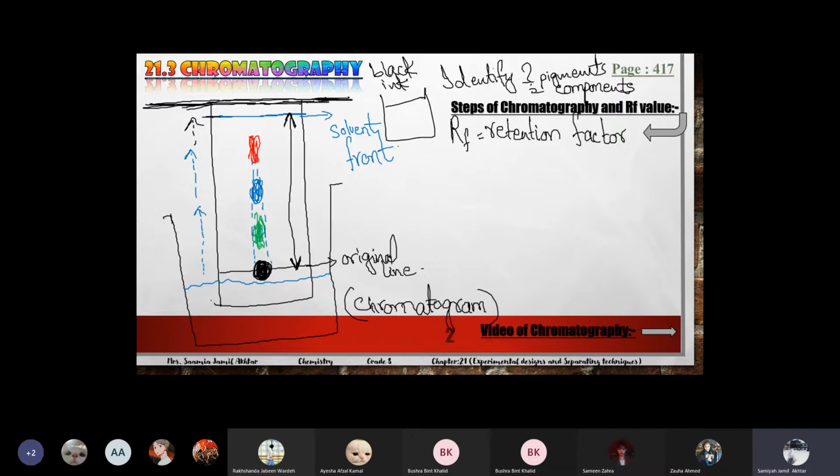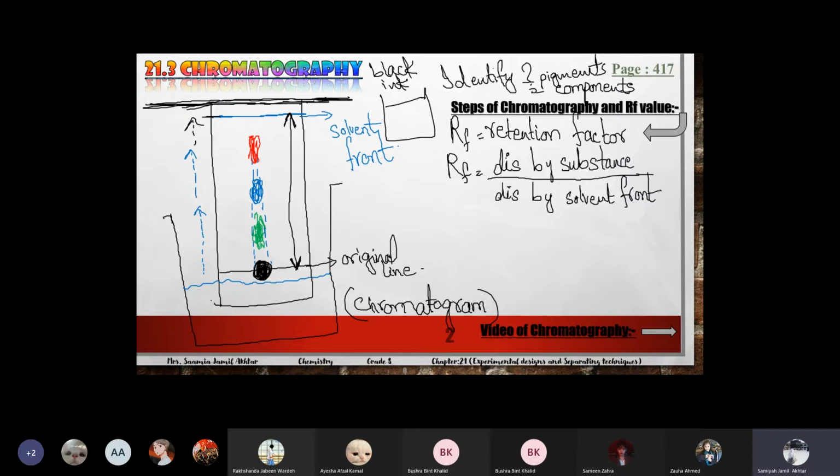The RF value formula is distance traveled by substance divided by distance traveled by solvent front. So it's a ratio. RF value is actually the ratio of two distances. This formula is written in your book. Just learn this formula, what is in the denominator and what is in the numerator.